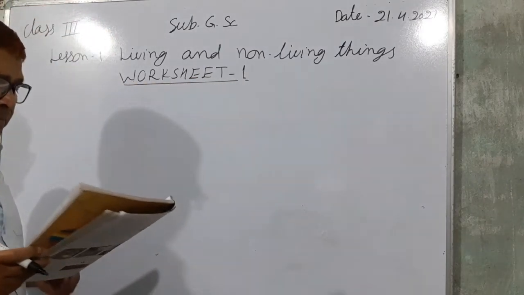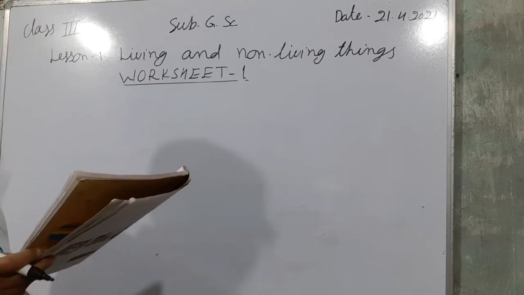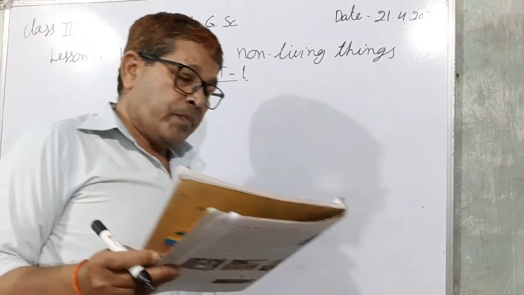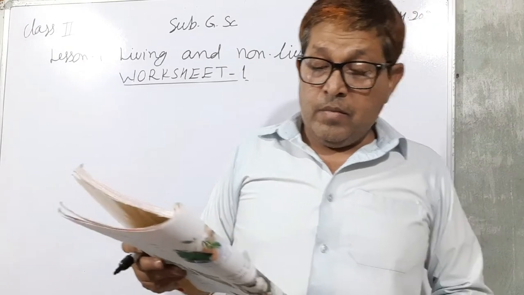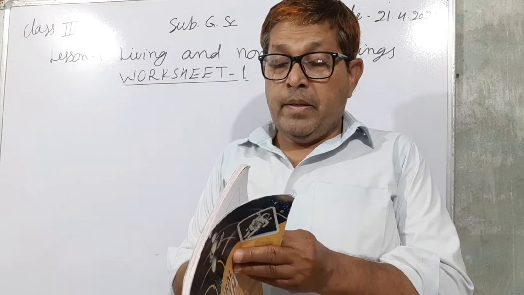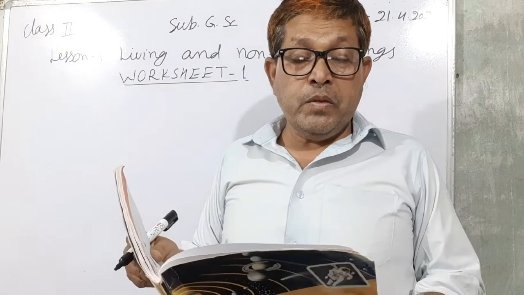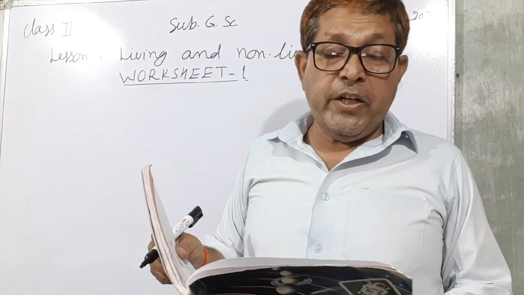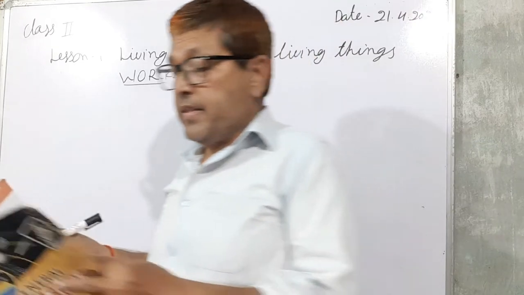In this worksheet first, we have completed A, fill in the blanks. We have completed B, tick the right answer. And today third, C, write T for true and F for false.